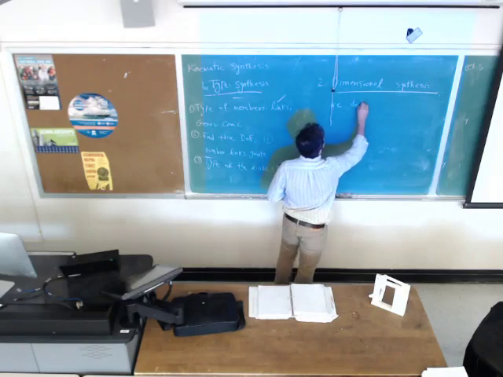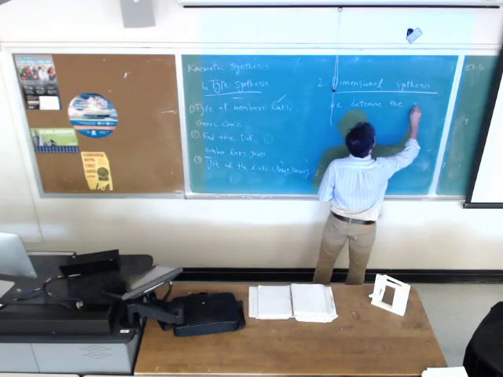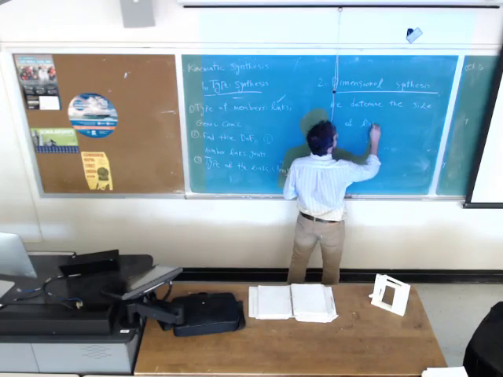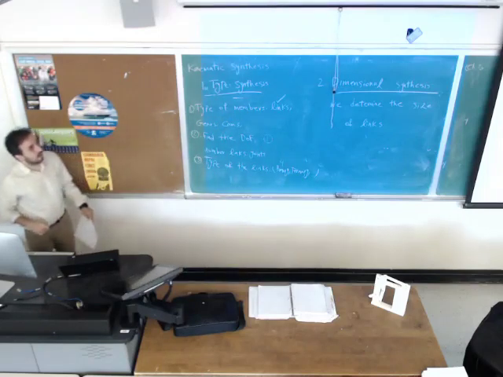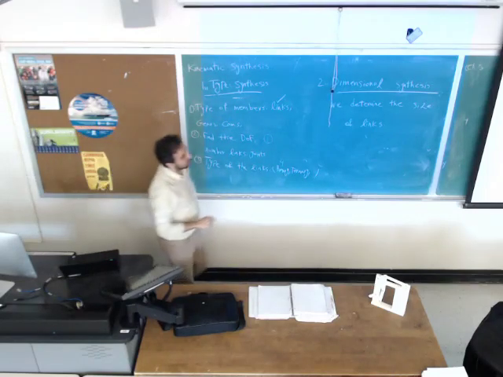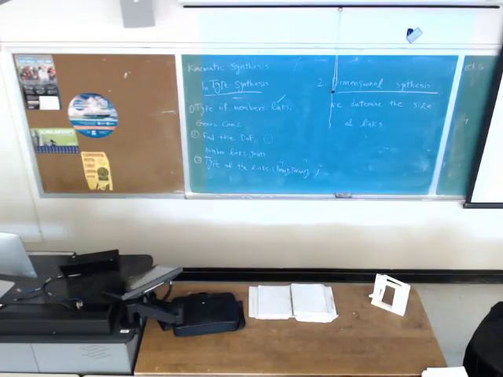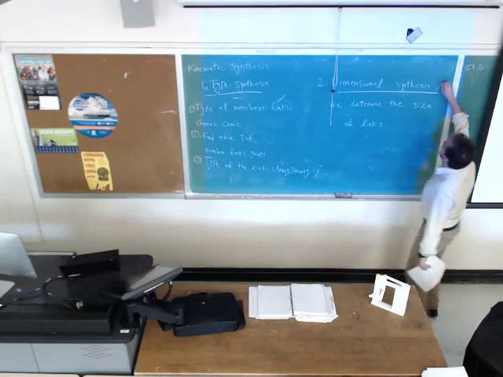We determine the size of the links. Basically, we are designing the mechanism by sizing the links, and we will be done after this step. So in this course, we just deal with the dimensional synthesis.